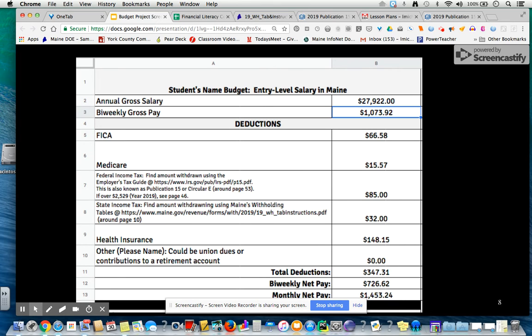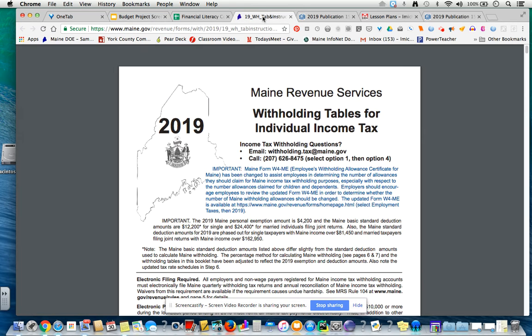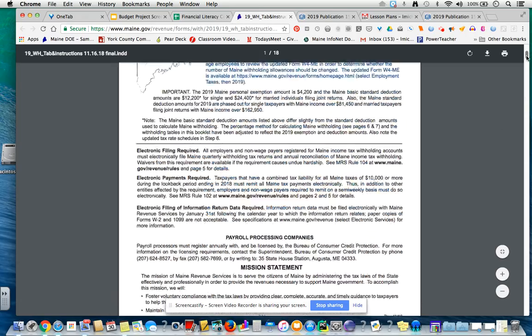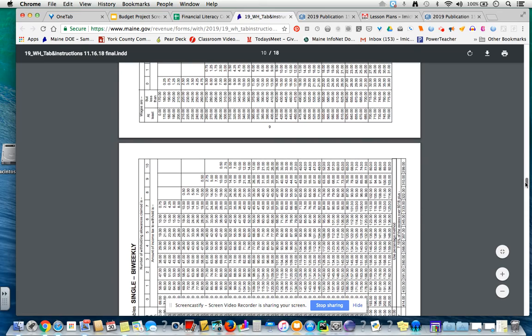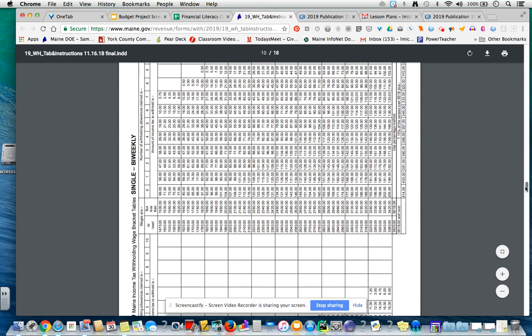State income tax, you would do the same thing. You would query Maine withholding tables 2019, and you're looking up 1073, and it will be single biweekly. And then Maine's table is landscape. So it is a little more difficult.